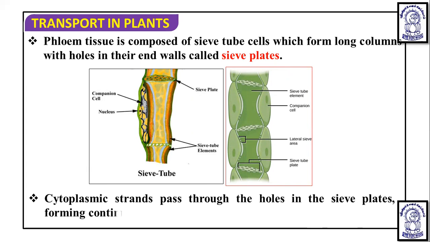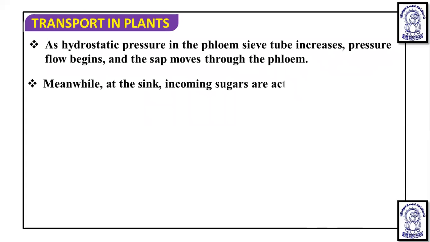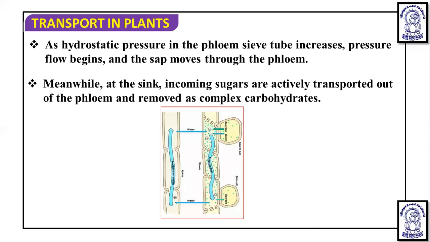Cytoplasmic strands pass through the holes in the sieve plates and form a continuous filament. As hydrostatic pressure, meaning turgor pressure, in the phloem sieve tube increases, pressure flow begins, and the sap moves through the phloem to the lower pressure areas. Meanwhile, at the sink, incoming sugars are actively transported out of the phloem and removed as a complex carbohydrate, that is starch. And this particular thing we have already discussed.